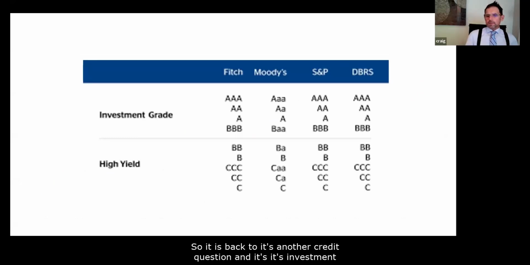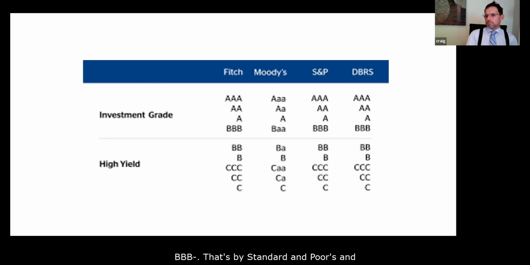All right, so it's another credit question, and the question is about investment grade credit. Investment grade credit is quite simply, back to the rating agency rates credit, and a AAA rated credit is very, very strong. Investment grade includes anything down to a BBB minus.